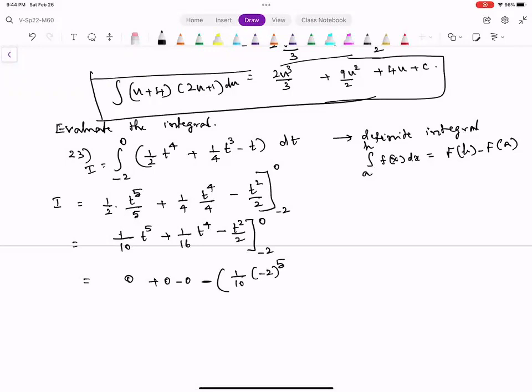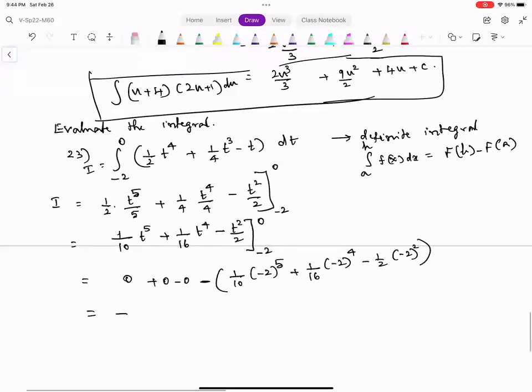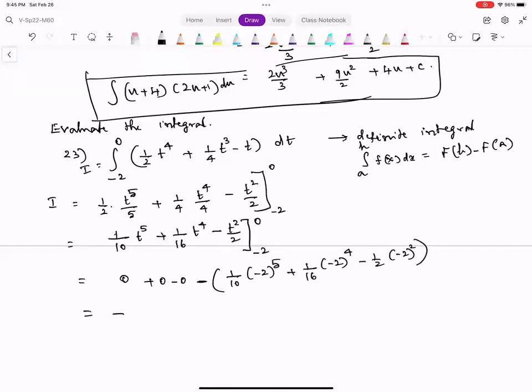Remember, you have a minus sign in front. Plus 1 over 16 times -2 to the power 4 minus 1/2 times -2 square. So this will become negative. Keep the negative for the time being outside.